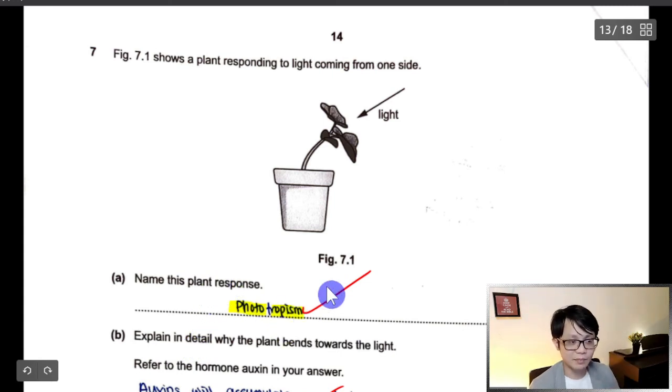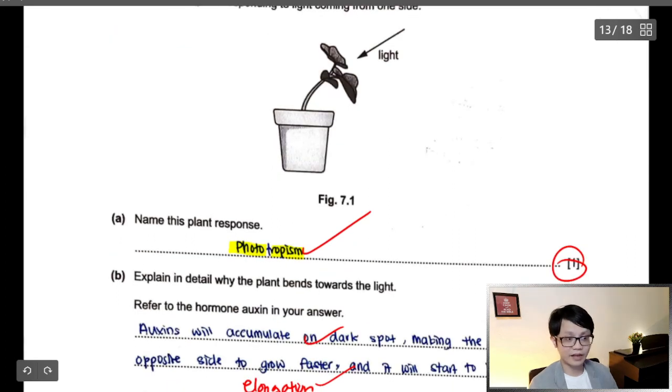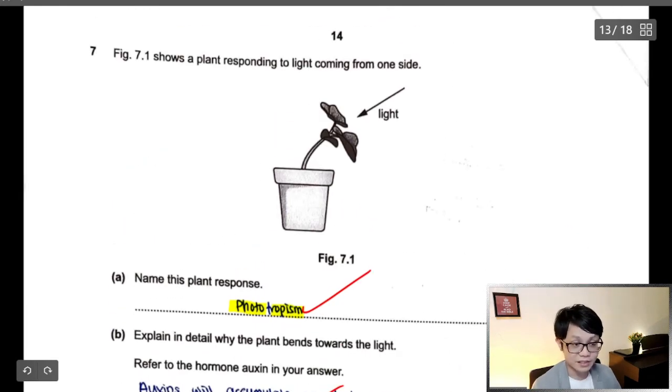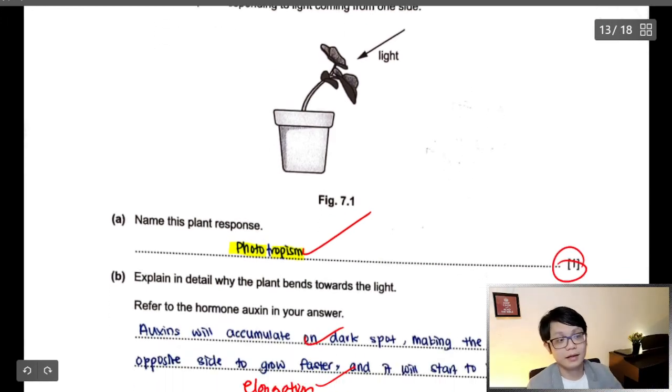Tropism means respond. So photo respond. We have positive phototropism or negative phototropism, depending on the question. Obviously this is positive phototropism because it's moving towards the source of the light.